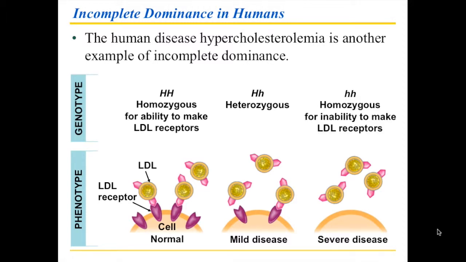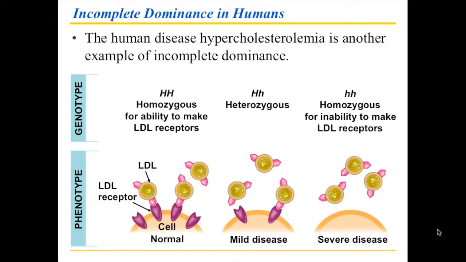But if you have both of the recessive alleles, so this would be your little h, that means your body cannot make any of these LDL receptors, so therefore they cannot mop up anything, and in addition to being careful with your diet, you really have to have something that removes the cholesterol from your bloodstream for you. Otherwise, you're always going to have high cholesterol.